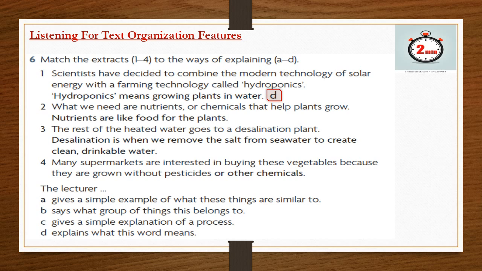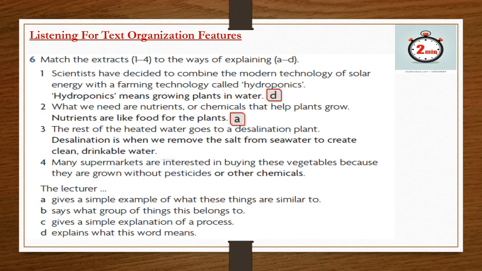So it explains what this word means, hydroponics. Number 2, what we need are nutrients or chemicals that help plants grow. Nutrients are like food for the plants. So it gives a simple example of what these things are similar to.